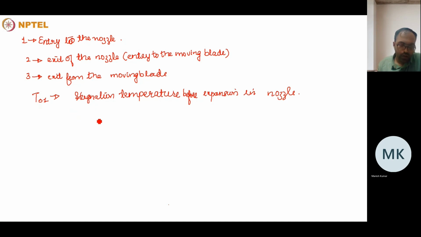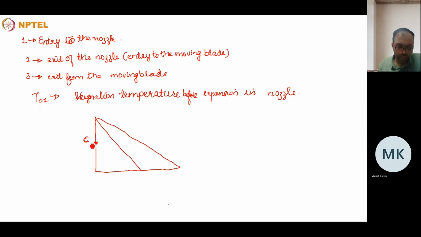Let us draw the velocity triangle. So this will be the axial velocity term.